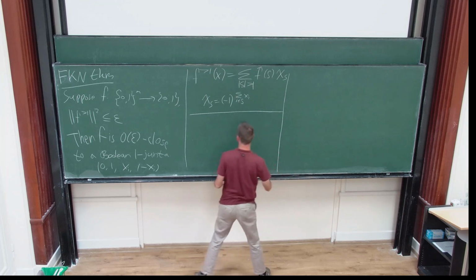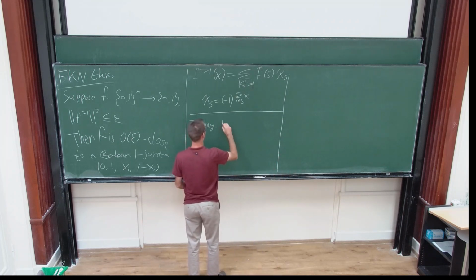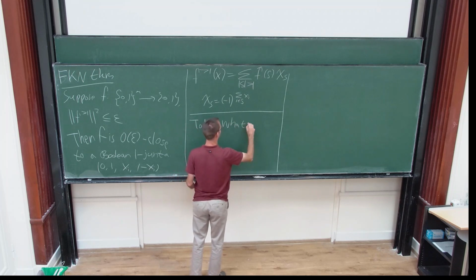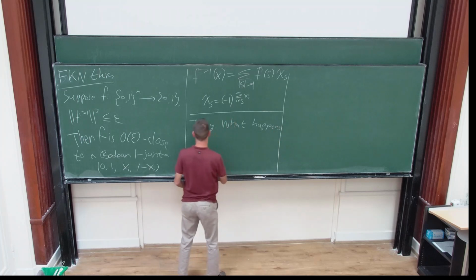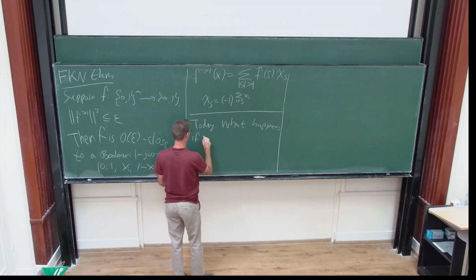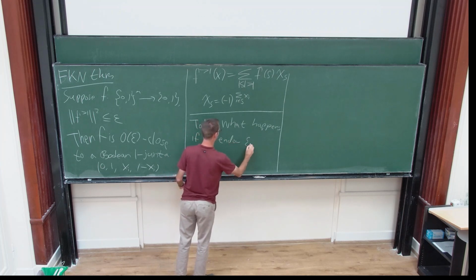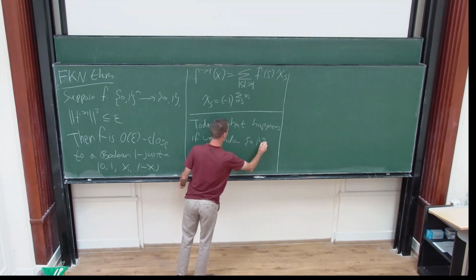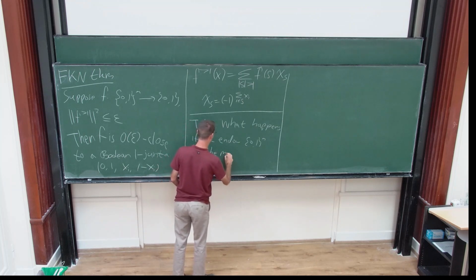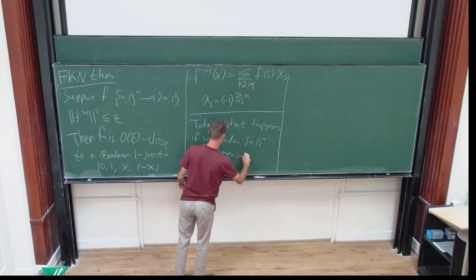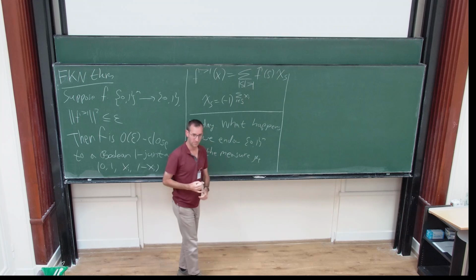Today we're going to ask what happens if we endow {0,1}^n with the measure mu_p.